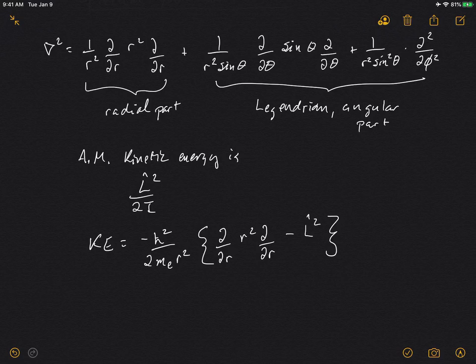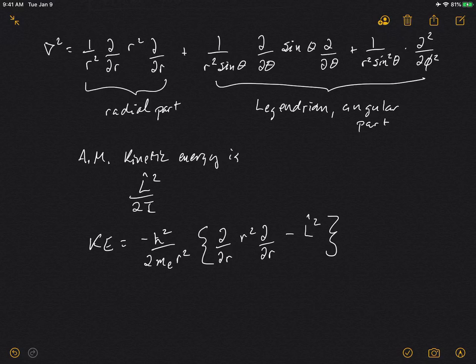And then there would be the rotational motion that would be captured by the L squared operator.